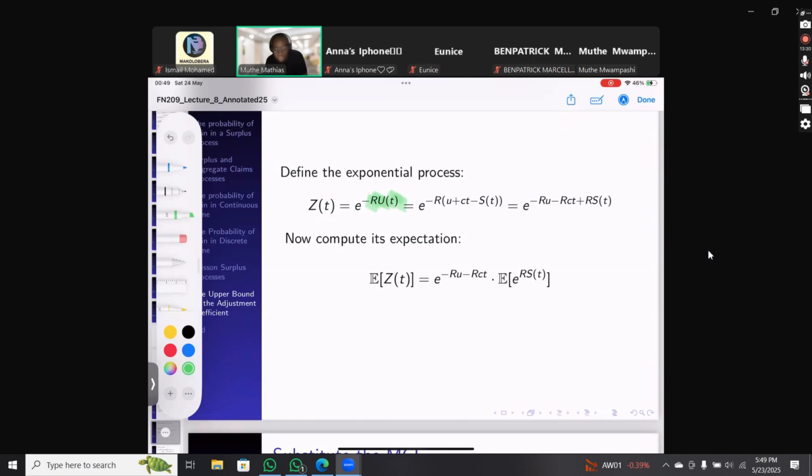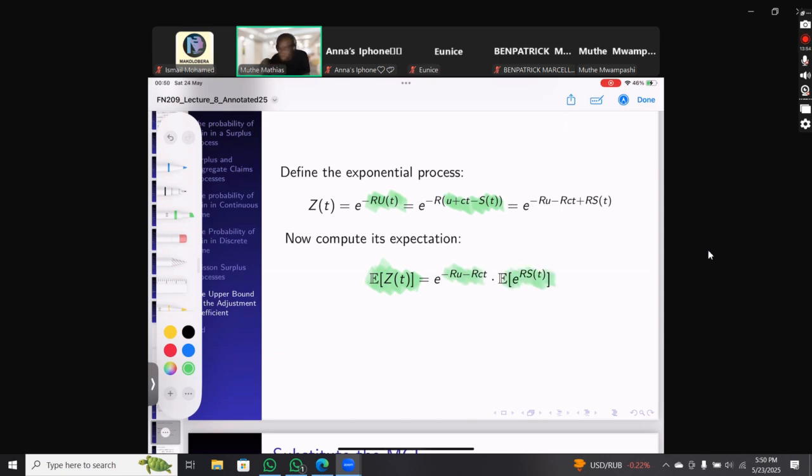So what I've done here is simply to define the surplus process, right? These two sides are equal; I've just expanded what we had before. But we know this here is actually the moment. If you take the expectation of that part, it is simply the moment of the surplus process, right? If you simplify that, you can rearrange all the stuff and end up with something like this one here, right?